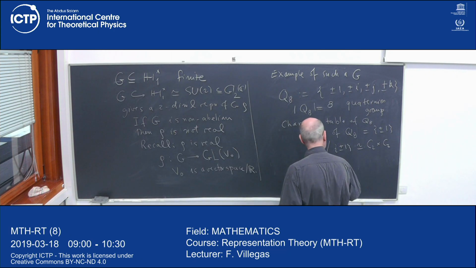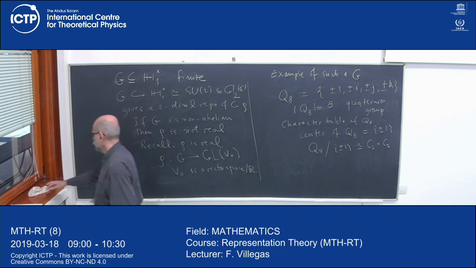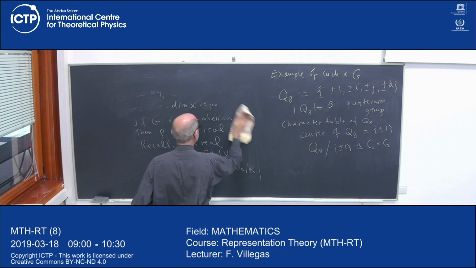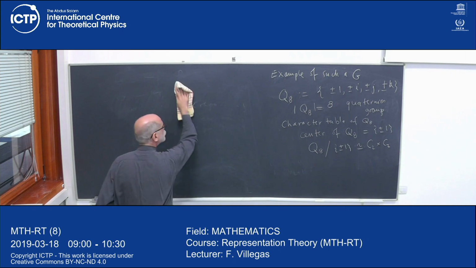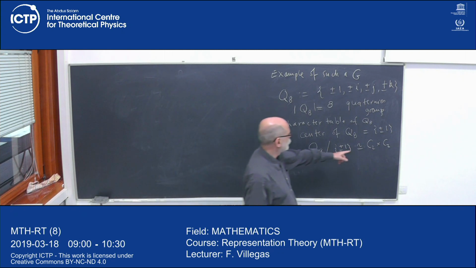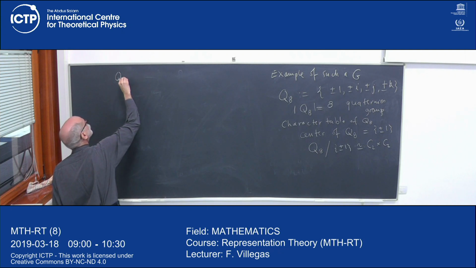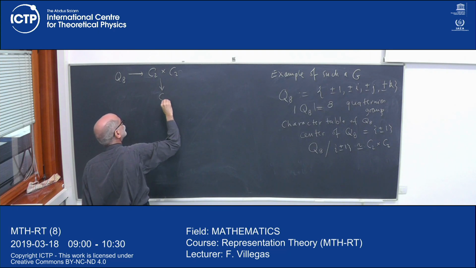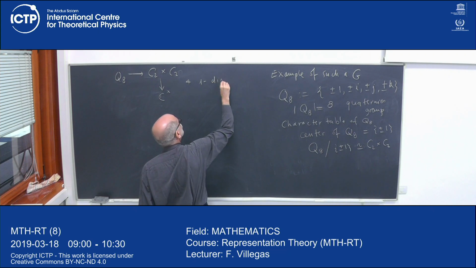So this is a group of order 4, which is abelian. They all are. Therefore, this quotient group has 4 one-dimensional representations. So Q8 maps surjectively to C2 plus C2, and there are 4 one-dimensional representations.